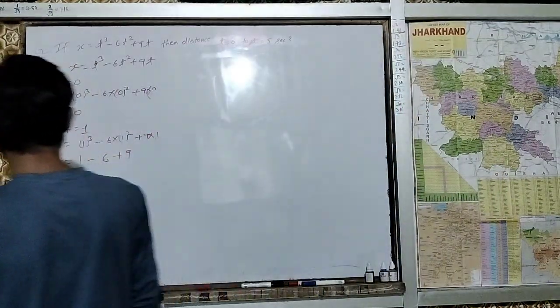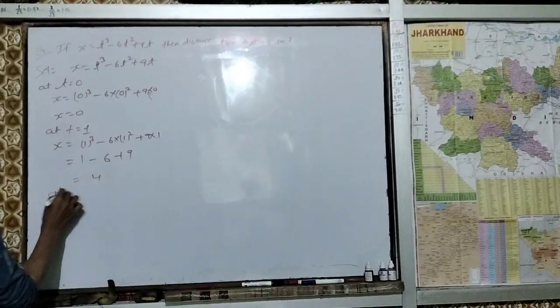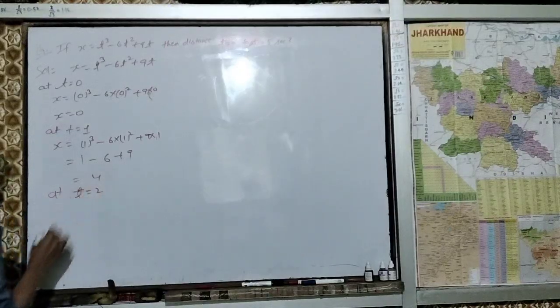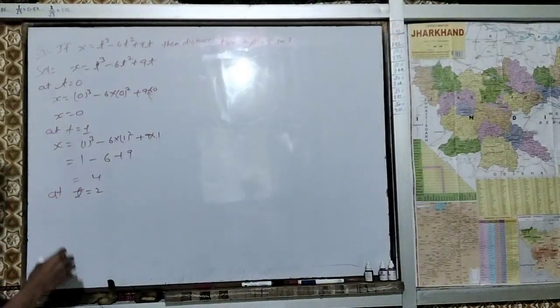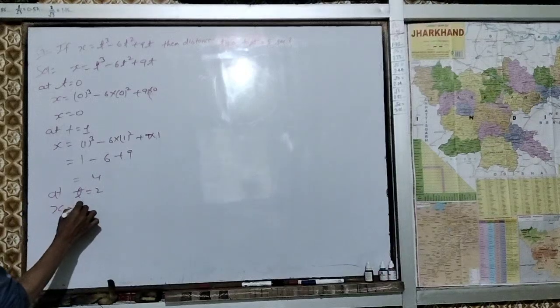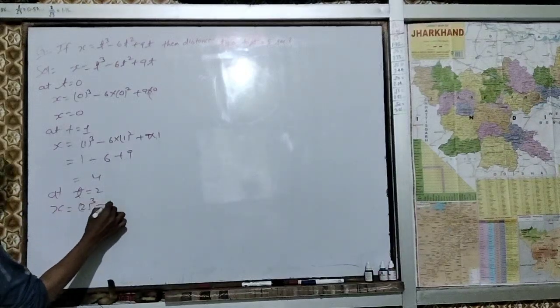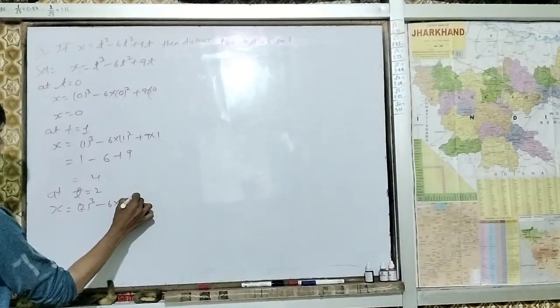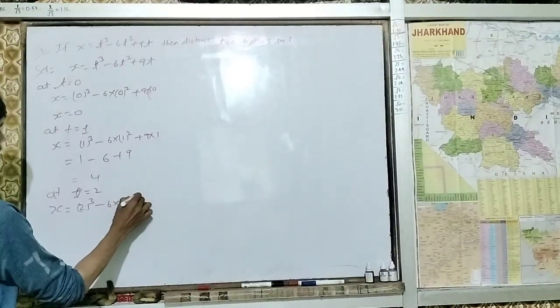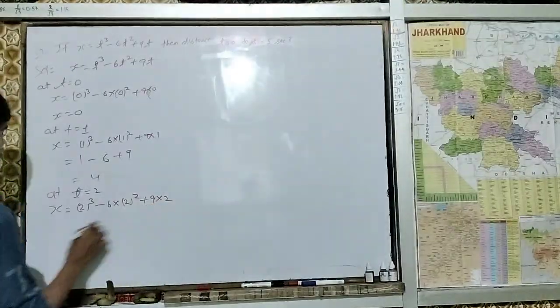Now the next case, at t is equal to 2. What will happen? x is equal to 2 raised to power 3 minus 6 multiplied by 2 raised to power 2 plus 9 multiplied by 2.